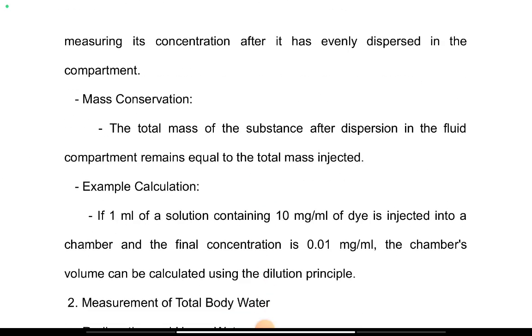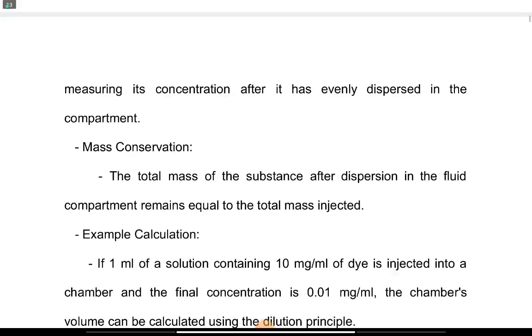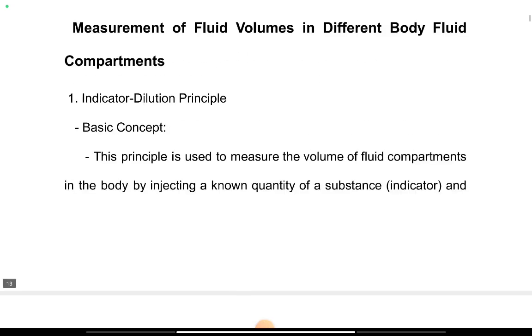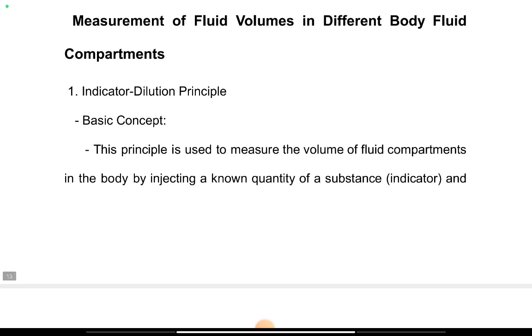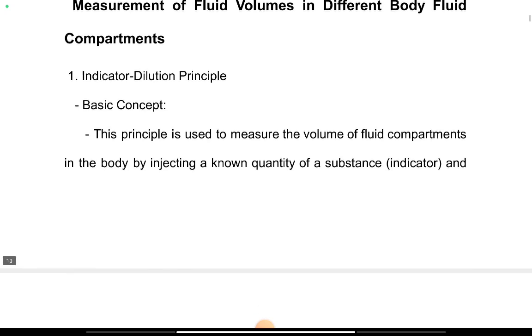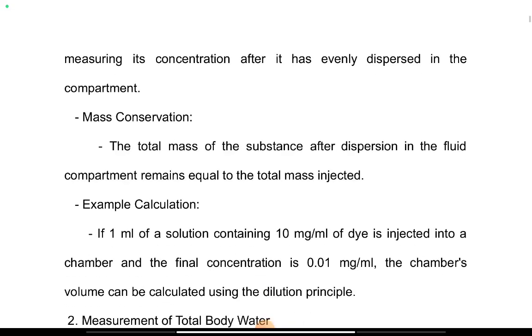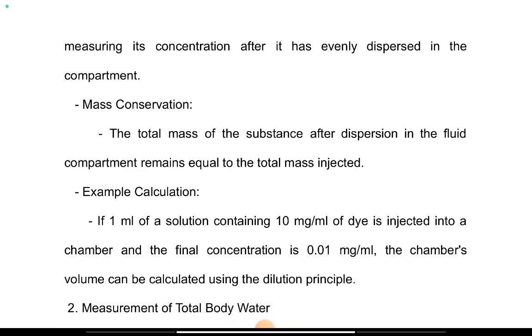The basic principle about measurement of fluid volume in different body compartments is that a marker substance will be injected into that compartment. Let's say you want to calculate the fluid volume in plasma. A marker substance will be injected into the plasma and then evenly dispersed.